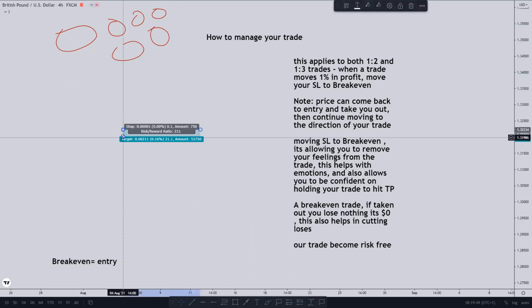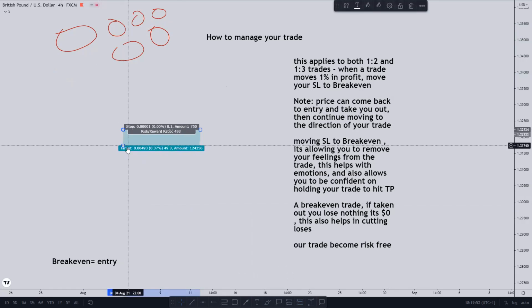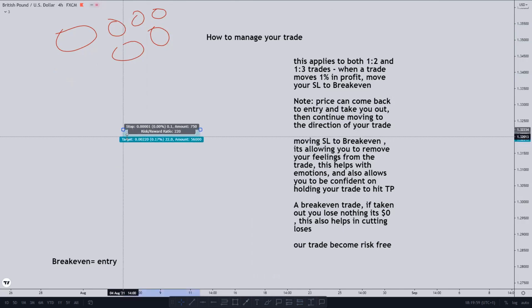You're not even giving it a chance to go to 1%, then move to break even, right? Don't do it when it just makes a small move, a few pips away from your entry price, and then you move to break even. You are going to be taken out because it's too close.